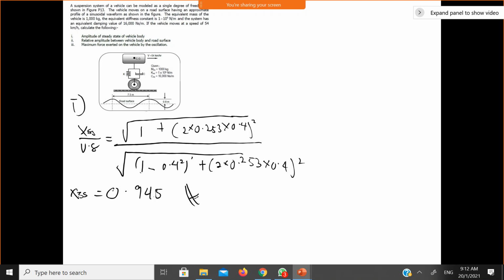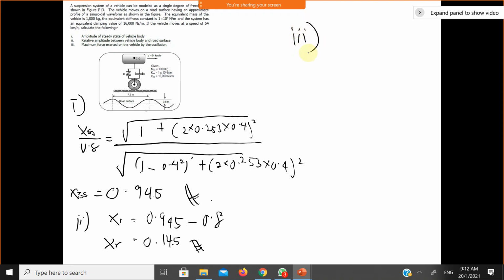So, XSS tadi tu sebenarnya kita dah consider as vehicle body punya amplitude. Jadi, kita punya relative ni adalah X relative sama dengan 0.945 tolak dengan 0.8. Tu je lah jawapan dia. So, perbezaannya adalah 0.145.